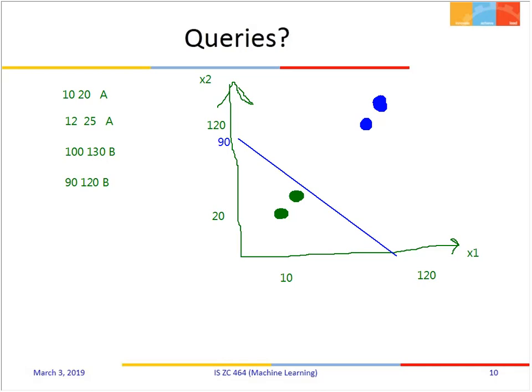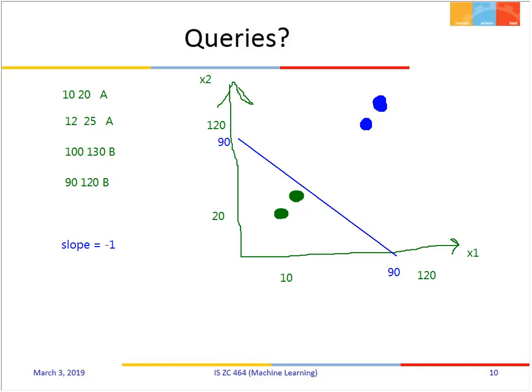So what will be the equation of this line? What is the slope of this line? Can somebody tell? It is -1. Am I right? And what is its intercept? Intercept is 90.